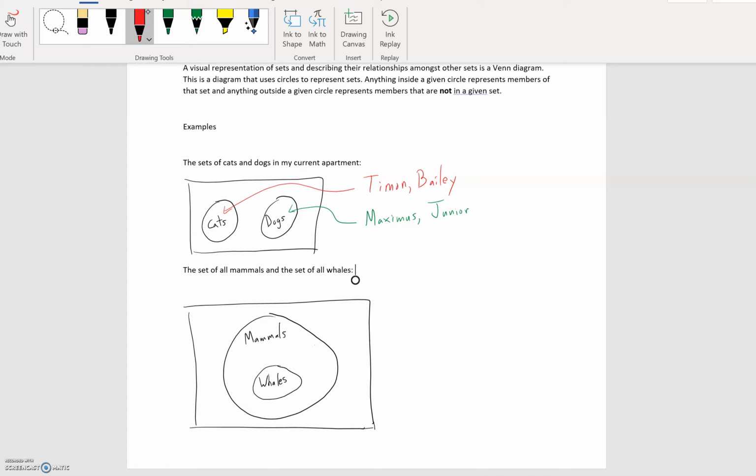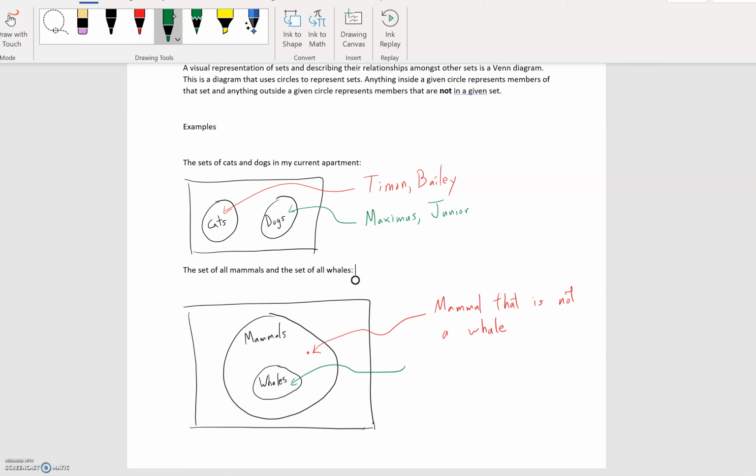So inside the set that says mammals, now notice I'm drawing an arrow at something that is not inside the set of whales, right? So this would represent a mammal that is not a whale.